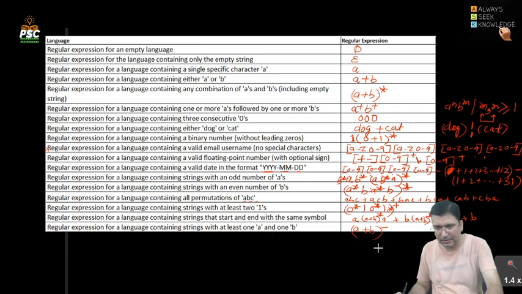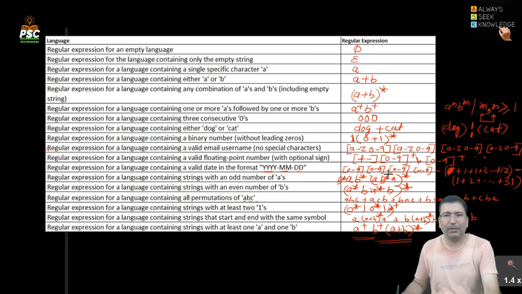That means I should write something like A star or B, A plus or B plus kind of thing. Okay. If you want to write something else, A or B followed by star, that is also fine.